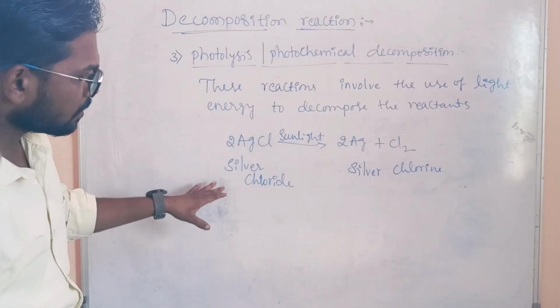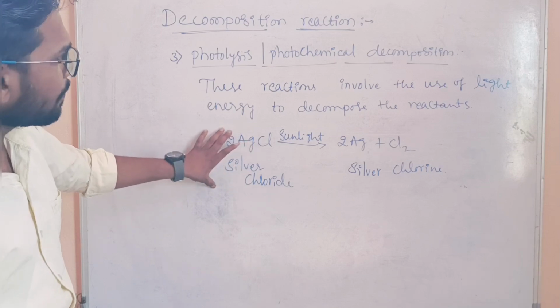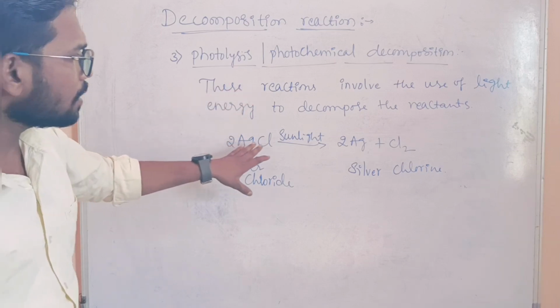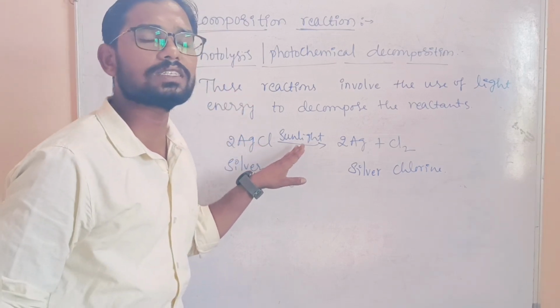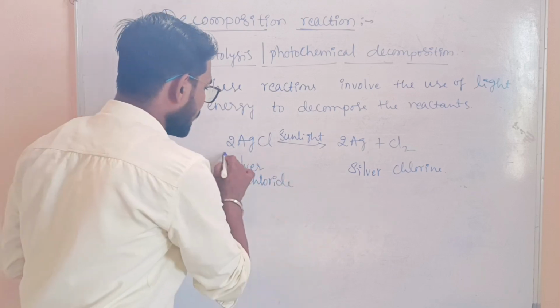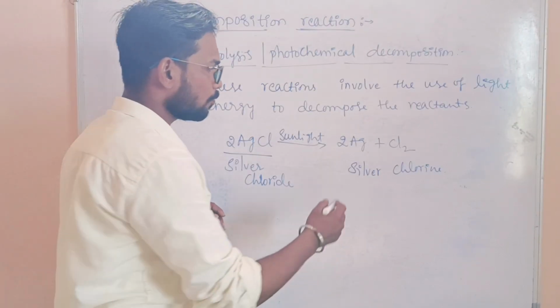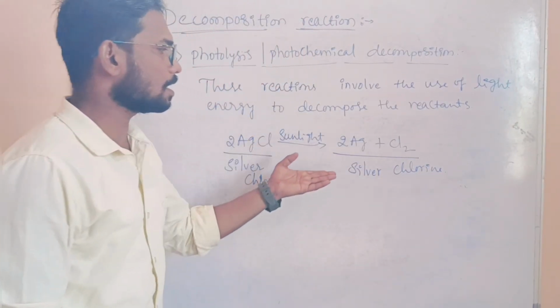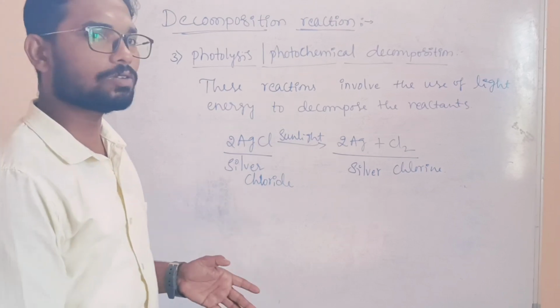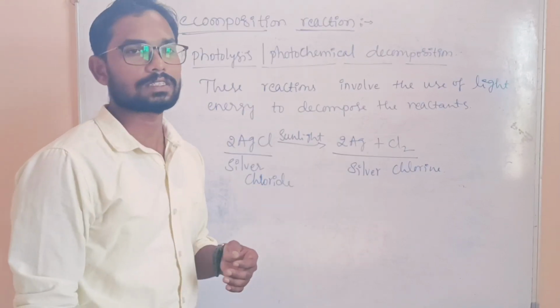These reactions use the sunlight to break down the reactant and form the products, that is silver and chlorine. They are breaking down in the presence of sunlight.